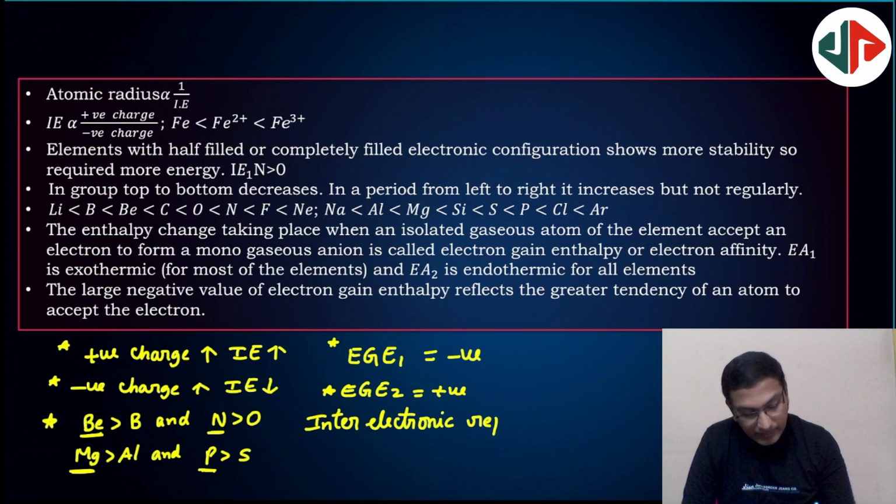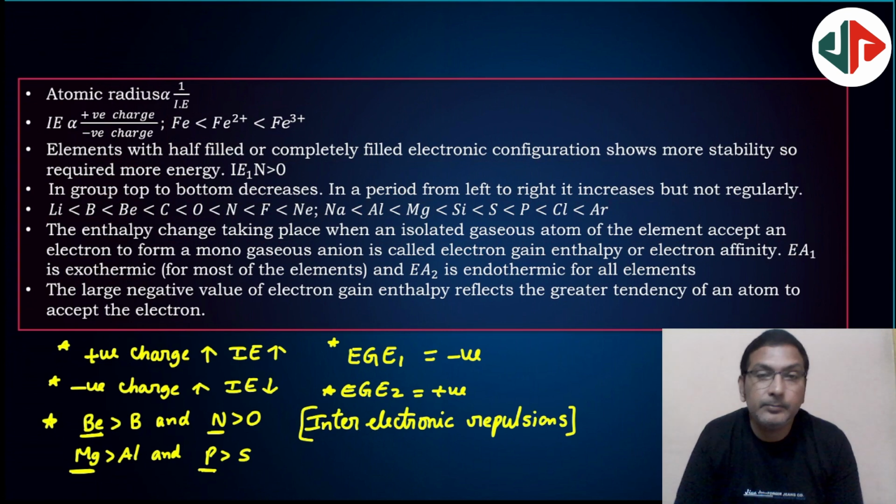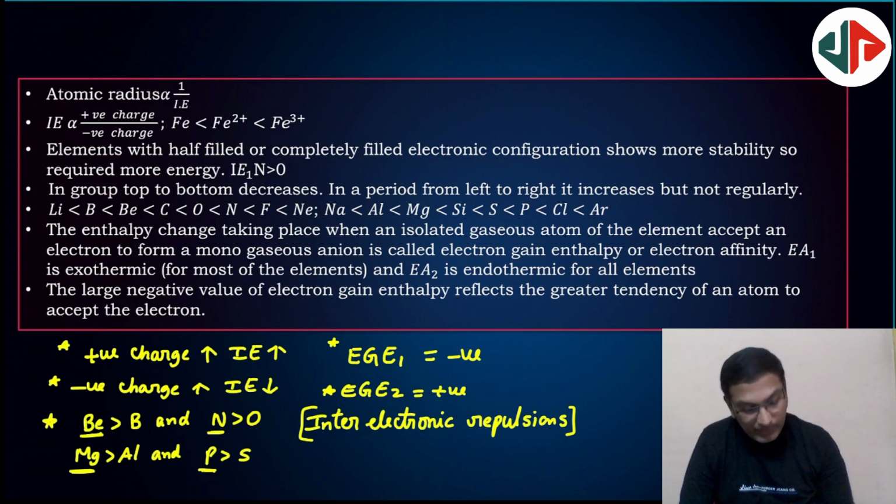For most of the elements, first electron gain enthalpy is negative. That means by the addition of an extra electron, energy will be released. Exo and endo.